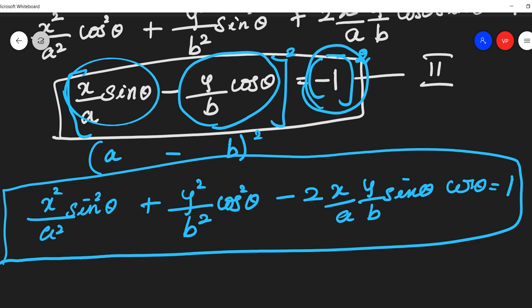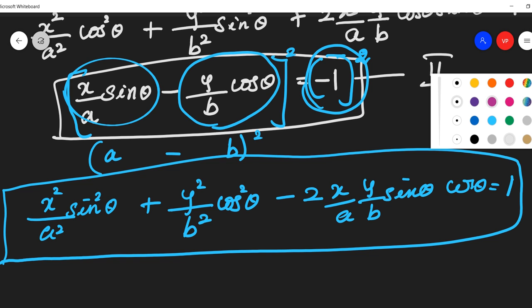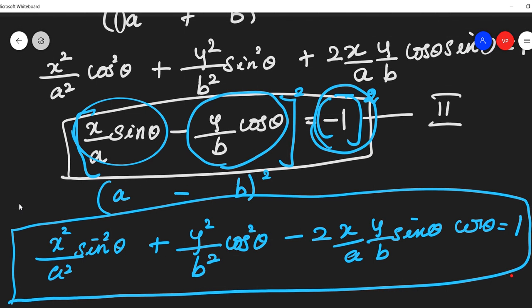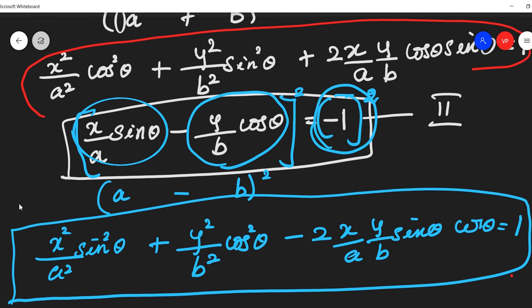We are going to add these two equations. What is the first equation? See, I am going to round this by red color. This is the first equation, and this is the second one.